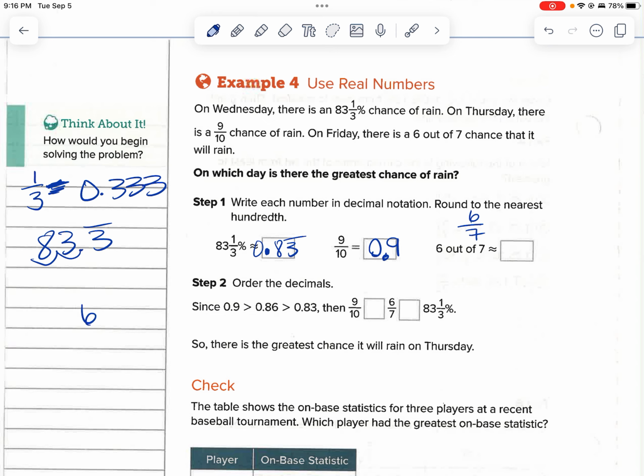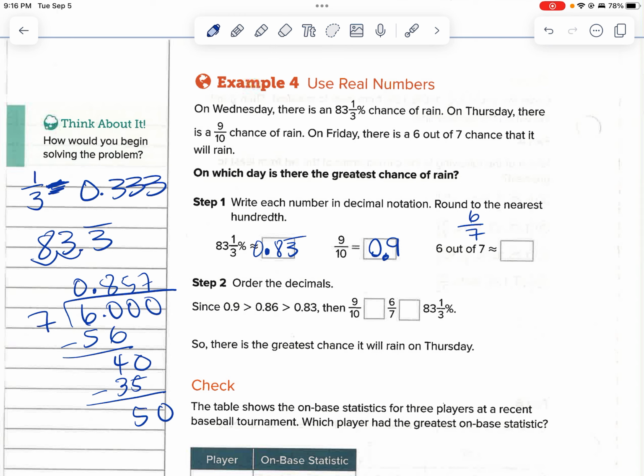That's 6 divided by 7. 7 goes into 60 8 times. That would get me 56. Bring down a 0. 7 goes into 40 5 times, and I get 35.